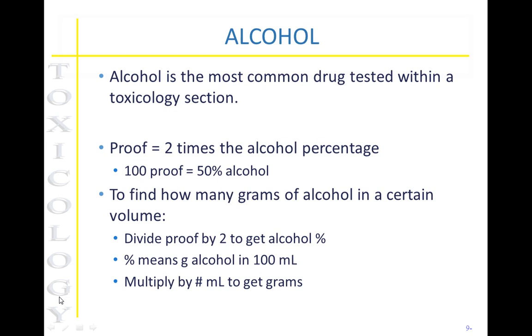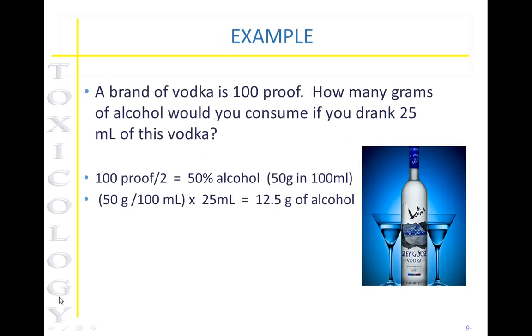So you want to multiply that number by milliliters to get the total number of grams present. If we look at an example and use a brand of vodka that is 100 proof, how many grams of alcohol would you consume if you drank 25 milliliters of this particular vodka?